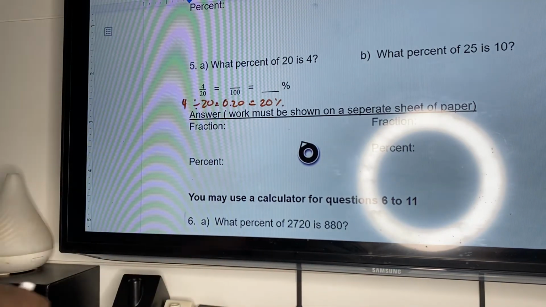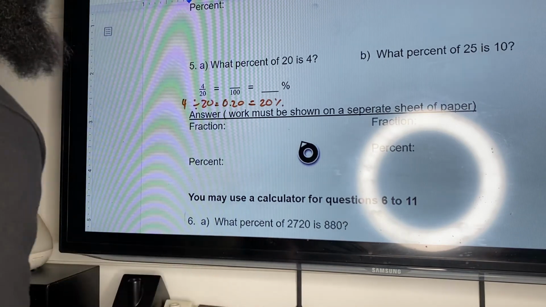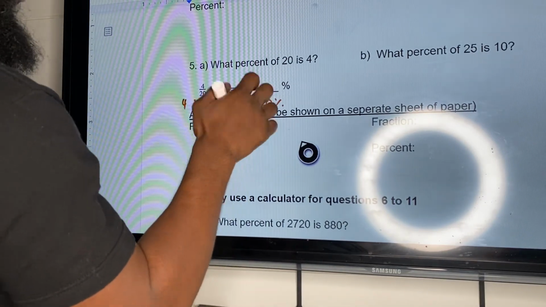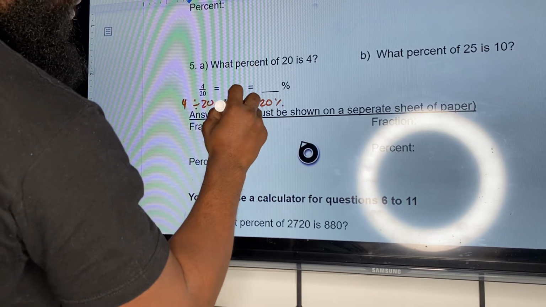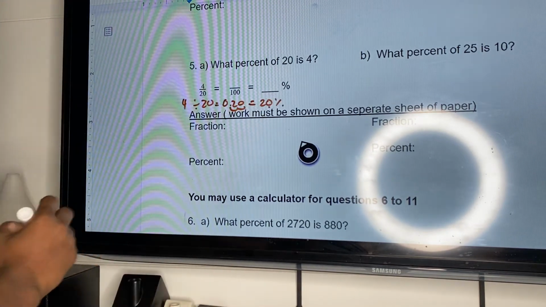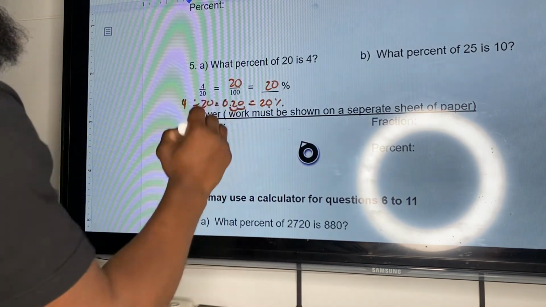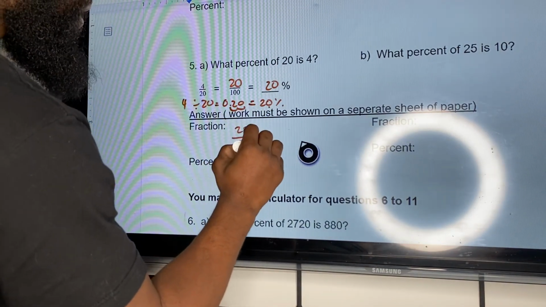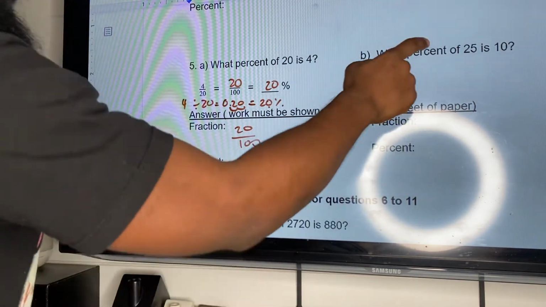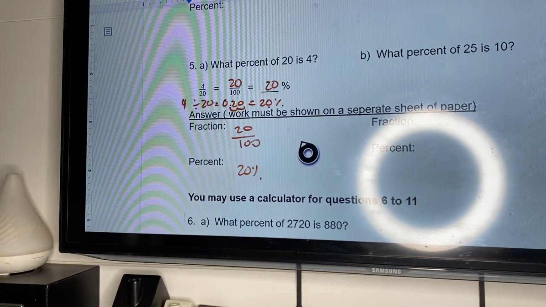From a decimal to percent, you move it 2 spaces to the right. So to get this decimal to 20%, all I had to do was go 1, 2, and then we get 20%. And remember, percents are out of 100, so 20 over 100, and 20%. You guys will be doing B on your own.